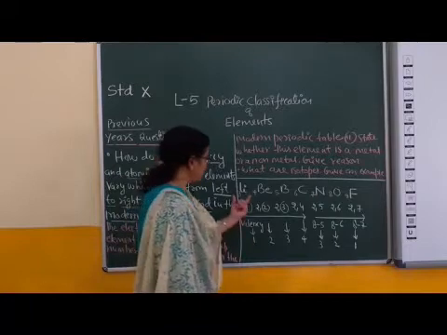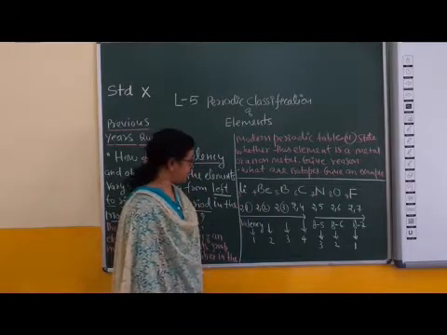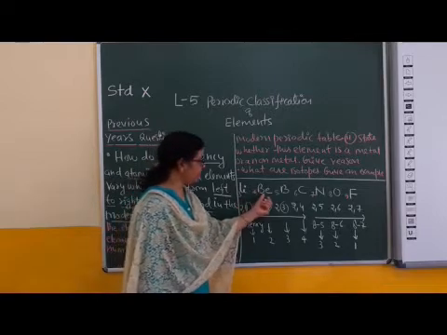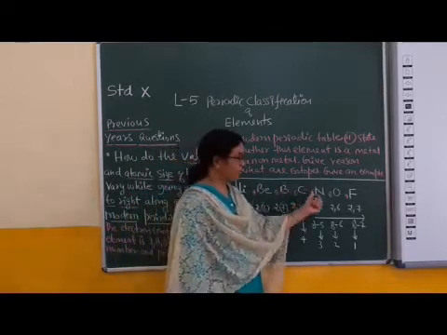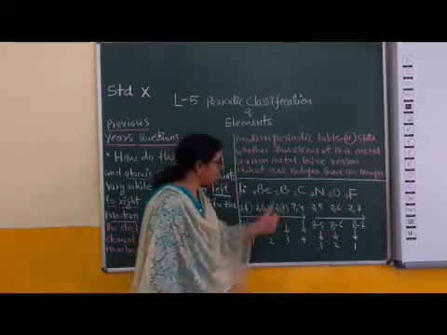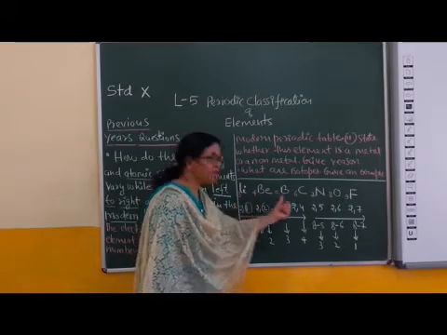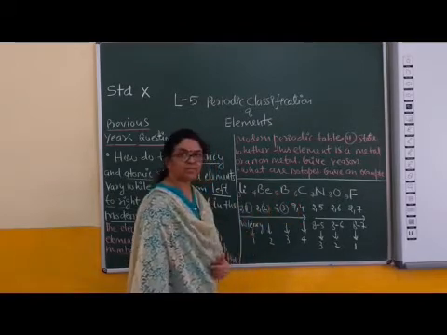Now children, here the elements are taken from which period? The second period: lithium, beryllium, boron, carbon, nitrogen, oxygen, fluorine. This is the increasing order of their atomic numbers.